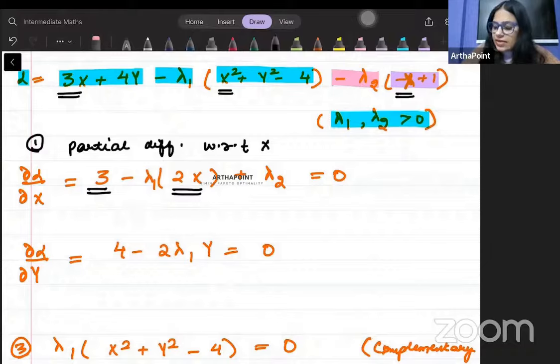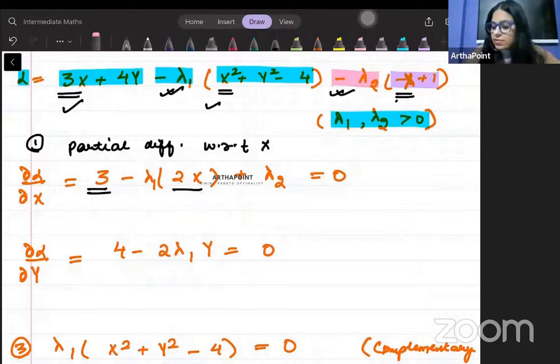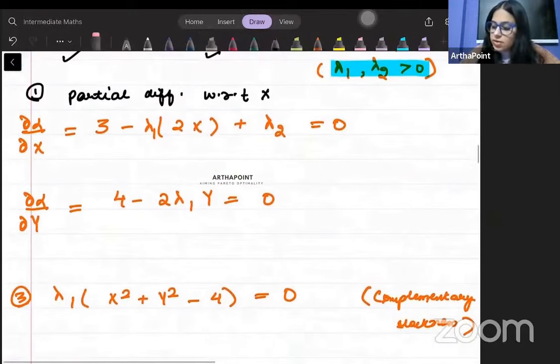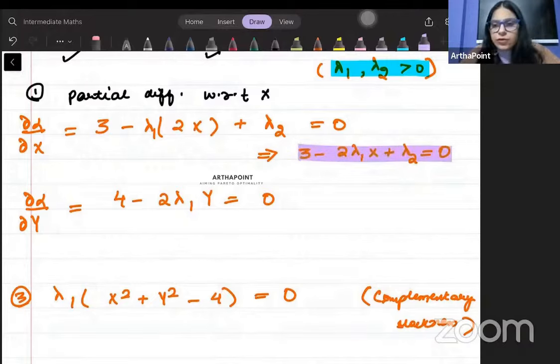So I will get 3 minus lambda 1 into 2x minus lambda 2 into minus 1, so it will be plus lambda 2. That is my first partial derivative. Solving it, I get 3 minus 2 lambda 1 x plus lambda 2 is equal to 0. This is my first condition.